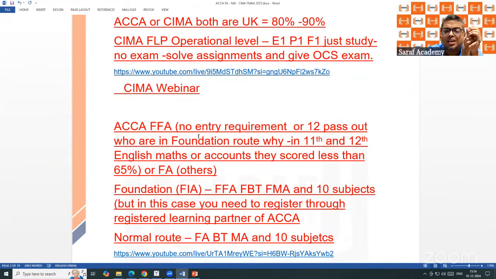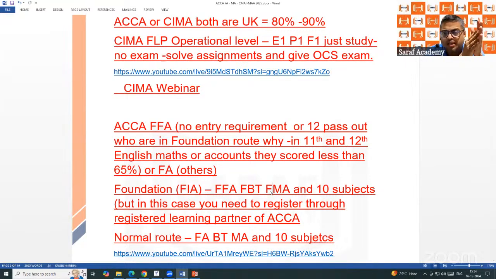And in that FIA route, the subjects' names, in place of FA, are FFA, Foundation in Financial Accounting, and in place of MA, FMA, Foundation in Management Accounting. The names are FIA, FFA, FBT, FMA. The syllabus is the same. And once you pass these 3 subjects, you will be transferred to the ACCA route, where you need to give skill level and professional level exams.